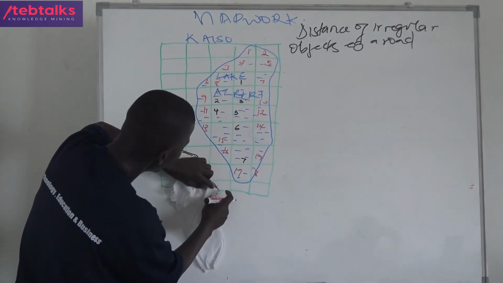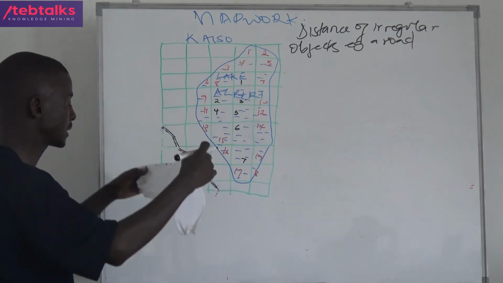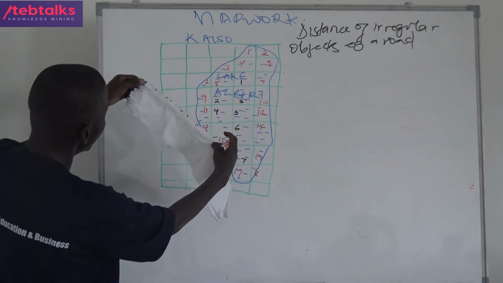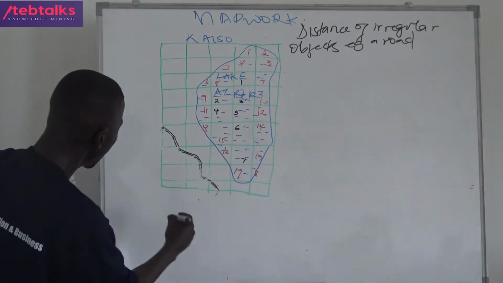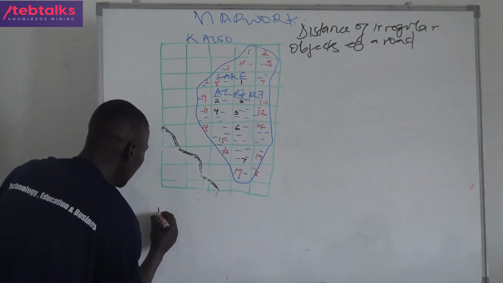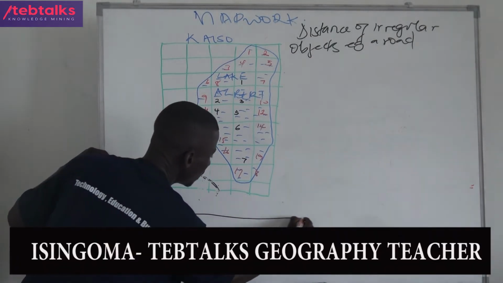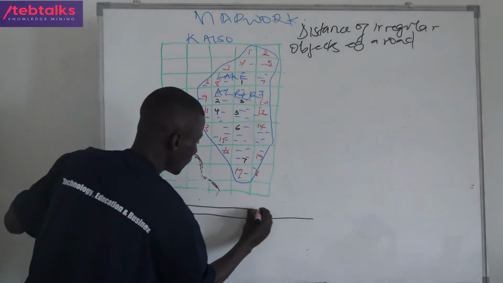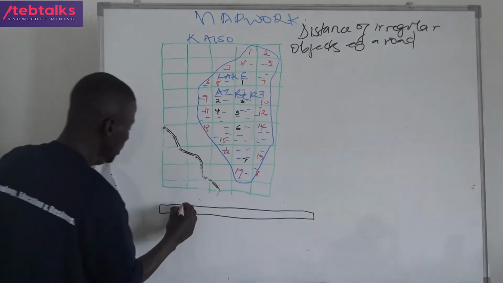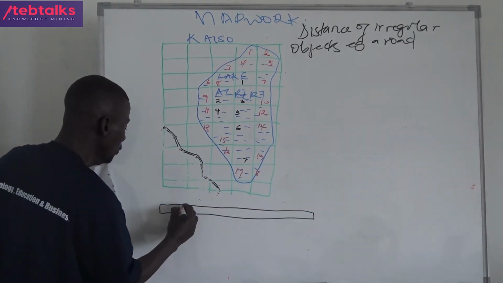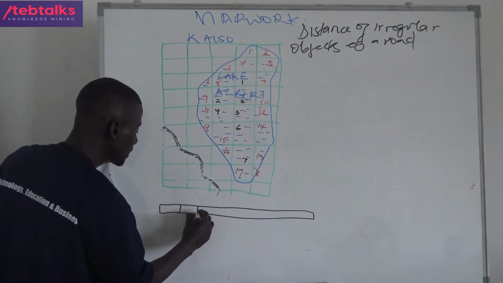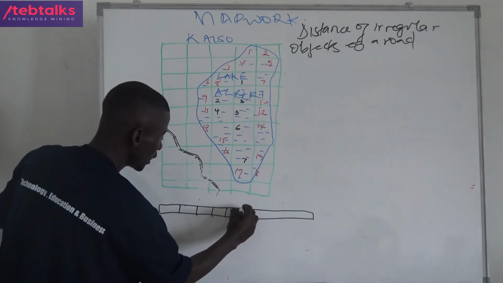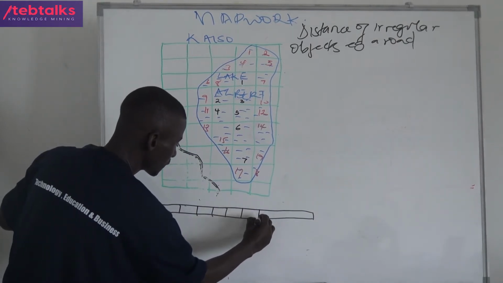Where you end, put on a mark and say, this is where I have ended. You'll come out with something that looks like that one. Then under this map is a scale. This scale is graduated into a number of boxes and marked in kilometers.